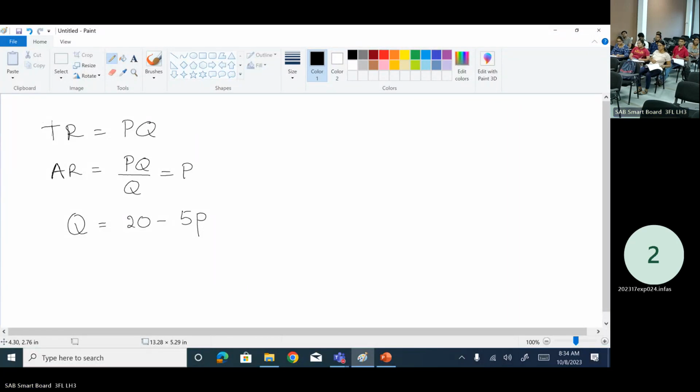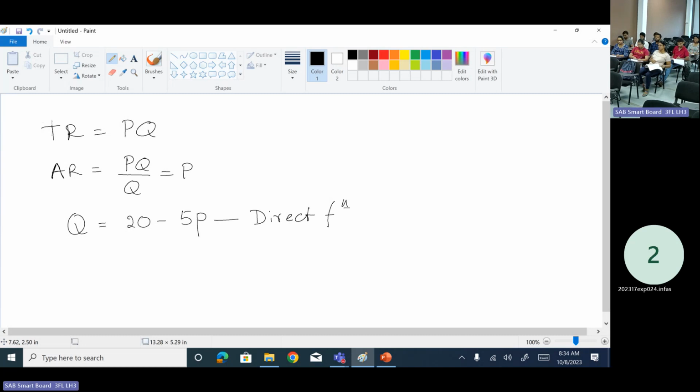So how do you calculate the total revenue? According to the law of demand, quantity demanded depends on the price. So this is the direct function.